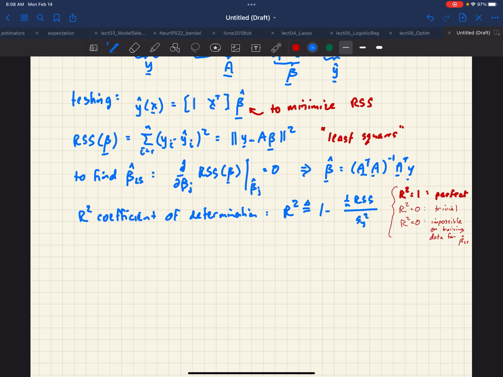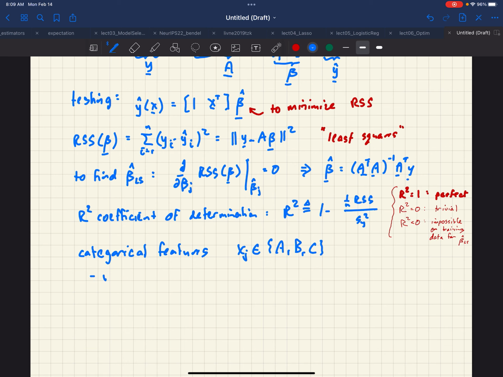Okay, so another thing we talked about is categorical features. So these are things like x_j in a, b, c, where a, b, c are not numbers, they're not ordered.